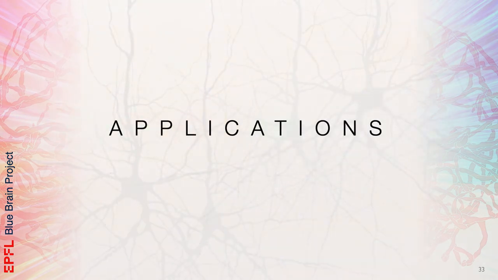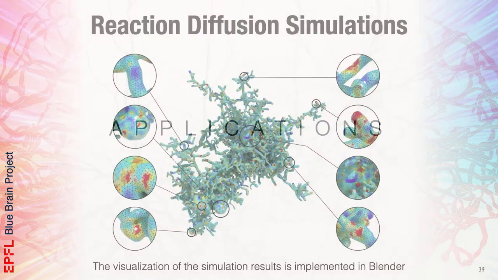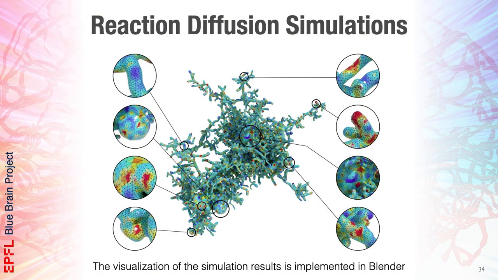Okay, so in terms of applications, our results are directly applied in two domains. The first one is performing reaction diffusion simulations of the astrocytes to be able to understand the calcium dynamics of astrocytic meshes. So here, this is just a one-time frame showing the calcium signal along the surface of the astrocytes at different locations.